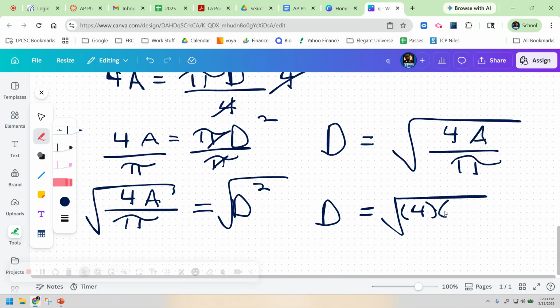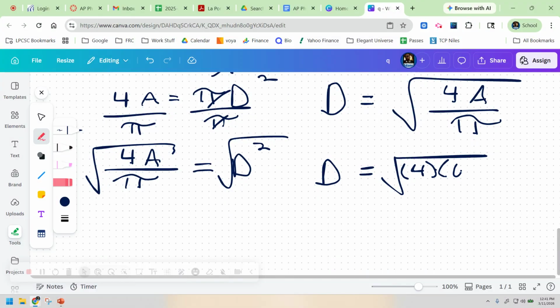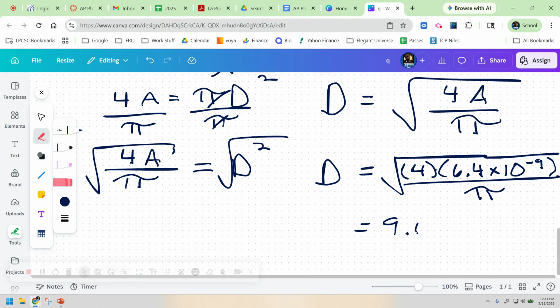What was that number again? 6.4 times 10 to the negative 9, all over pi. That's it. And so if I crank through that and do that in the calculator, I get 9.0 times, and I'm approximating, and we're rounding some stuff.